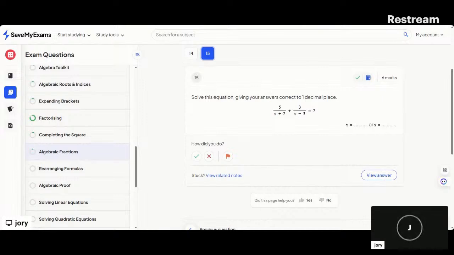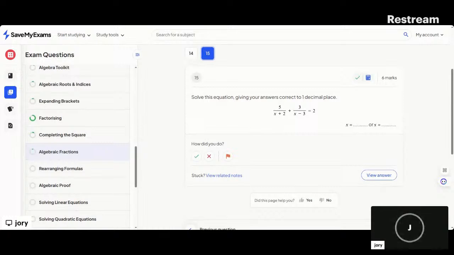That's minus x pretty much. x minus 3 times 5 is 5x minus 15 over x squared minus x minus 6 plus 3 times x plus 2, that's 3x plus 6, over x squared minus x minus 6.